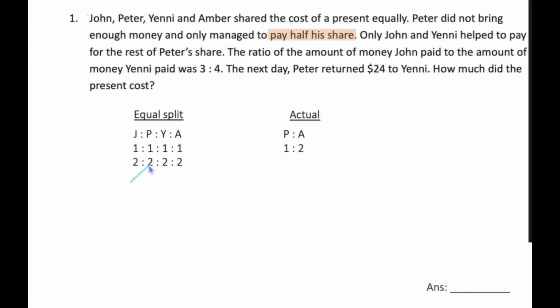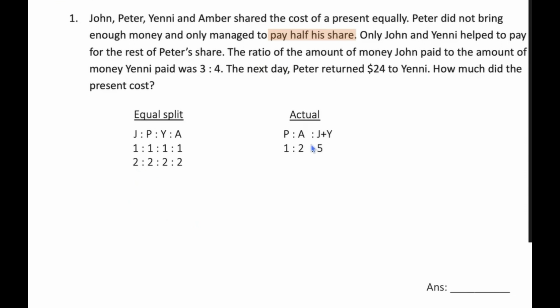Half of it is 1 unit. He pays that 1 unit. The other half, this half, is paid by John and Yenny, correct? So altogether, John and Yenny pay 2 units plus 2 units plus this 1 unit. Altogether 5 units. Correct? So John plus Yenny is 5 units.